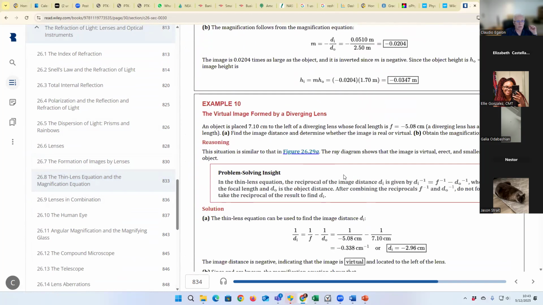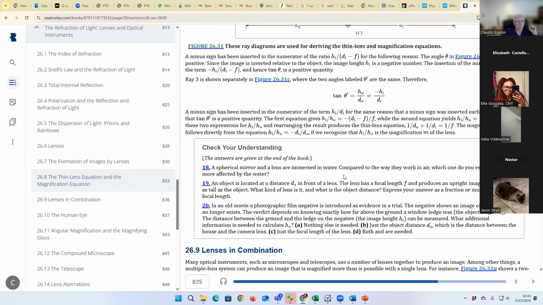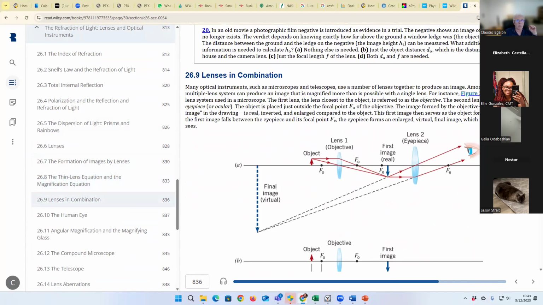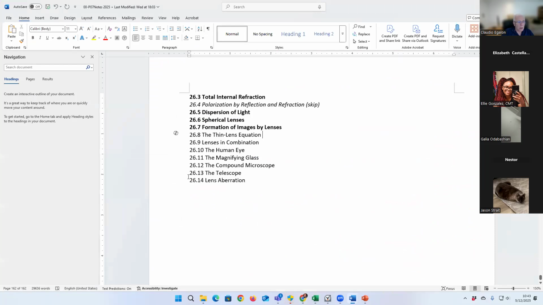So we did cover the lens length equation. And we are not going to do lenses in combination. We did the lens length equation. Skip. Okay. And we're going to do the human eye after the break, okay?